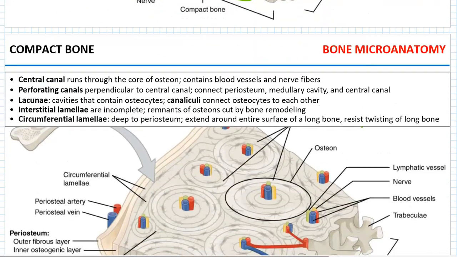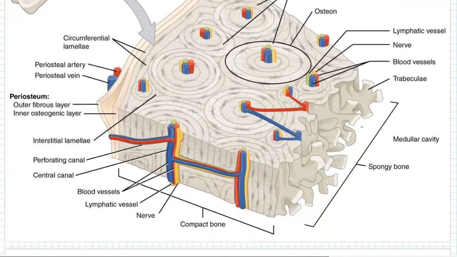So, if you take a closer look at the lamellae, you may notice these little structures crammed between two adjacent concentric lamellae. They look oval, right, with these little projections. Did we see a cell that looks kind of like this just recently? That's an osteocyte.